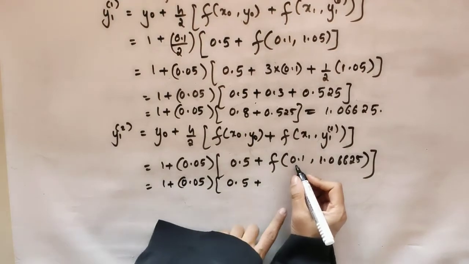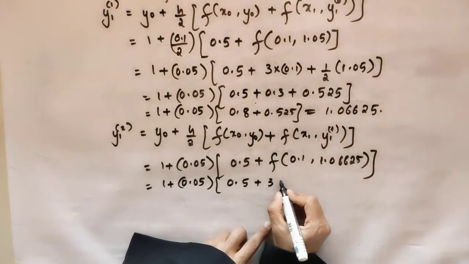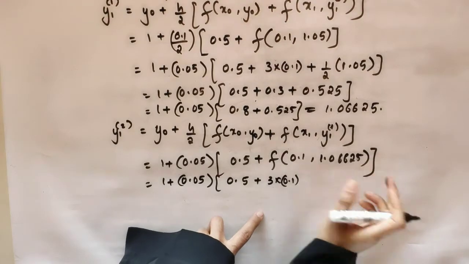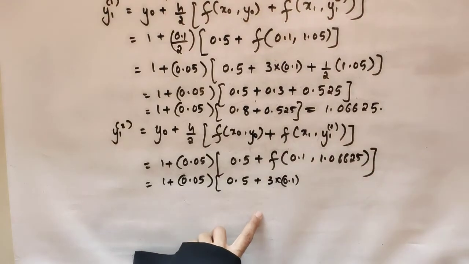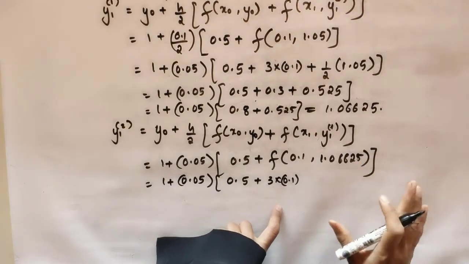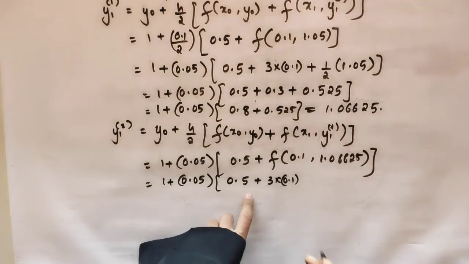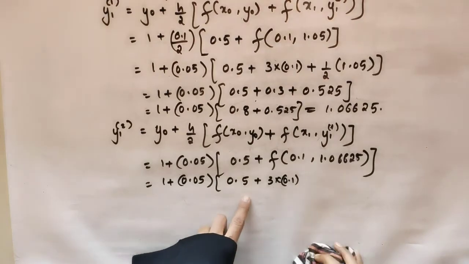See here, everywhere there is 0.1 only. So it is 3 times 0.1 only, no? So you will get 0.8. Directly I can write 0.8 and this value divided by 2 I have to add. Otherwise you need not write this whole thing all the time. You can just skip it or make it short.